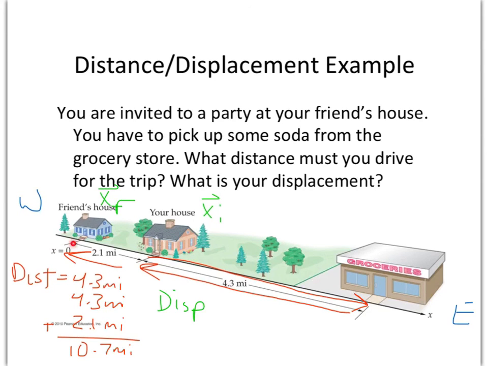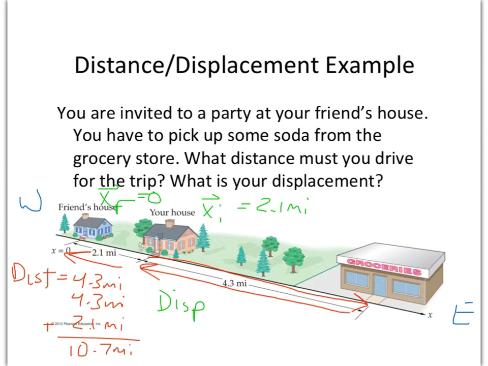So, with position, we need to know where's the coordinate system? Well, it says your friend's house, we consider that 0 right there, and your house must therefore be at 2.1 miles. We'll call the east direction positive. So the initial position equals 2.1 miles from the origin. Your final position happens to be the origin where your friend's house is, so that's going to be 0 right there.